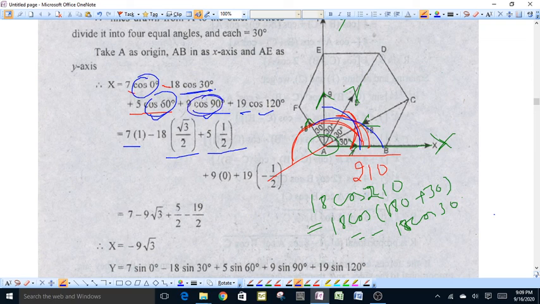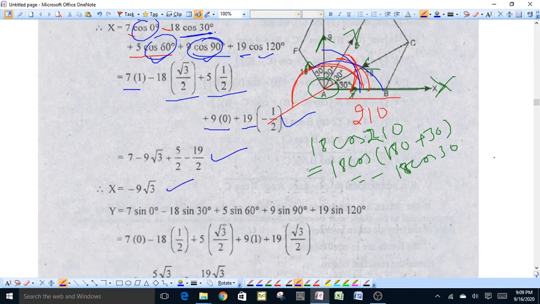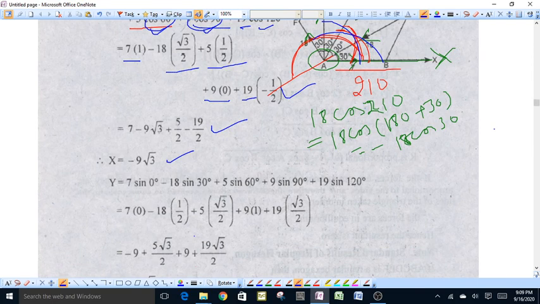Cos 90 is equal to 0, so this component will be equal to 0, and the final component will be equal to 19 cos 120. Cos 120 will be equal to minus 1 by 2. After simplification, we get the sum of the x components of all these forces equal to minus 9 root 3.